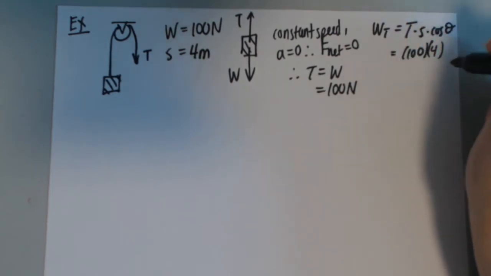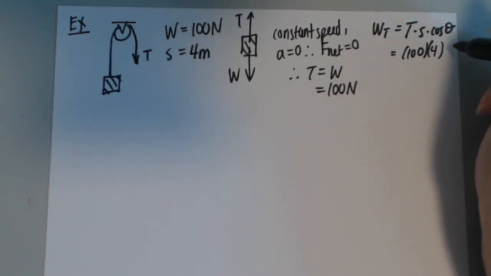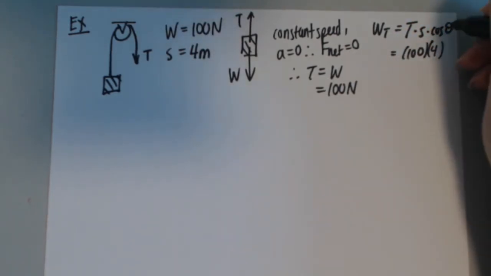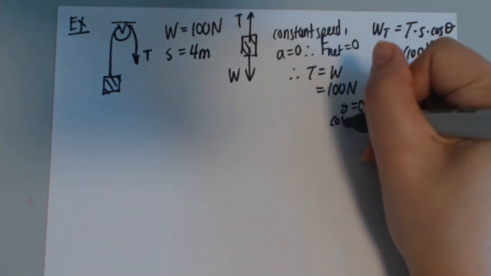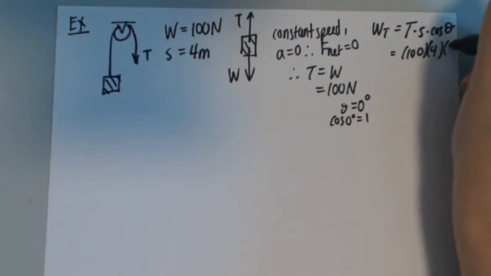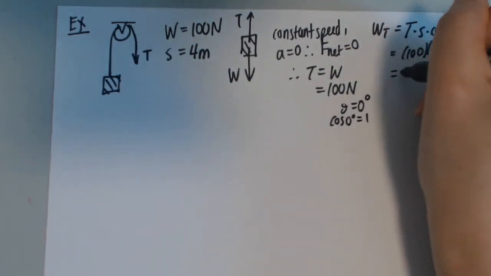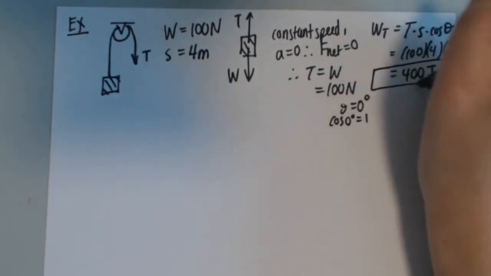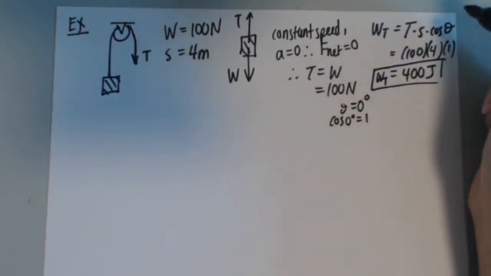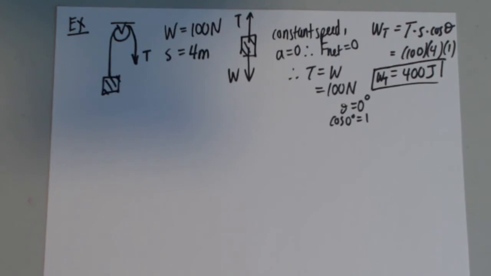Because it's the tension force due to the lift, that means theta is going to be 0 degrees and cosine of 0 is 1. So we'll just stick a 1 in there. So 100 times 4 is 400. That's 400 joules. So therefore 400 joules of work is done by the tension force when the lift occurs at constant speed. Let's go back to the slides.